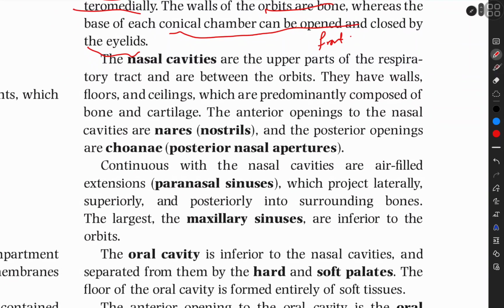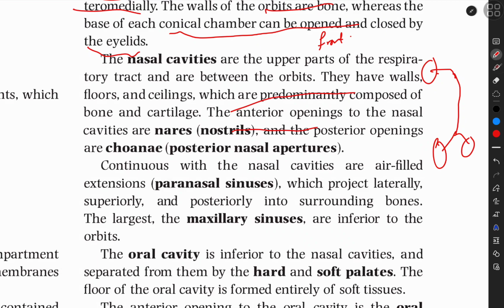The nasal cavity is the upper part of the respiratory tract and is between the orbits. Okay. Yeah, the respiratory tract starts at the nose and goes to the lungs. Yeah, so here is the nose. They have walls, floors, ceilings, which are predominantly composed of bone and cartilage.